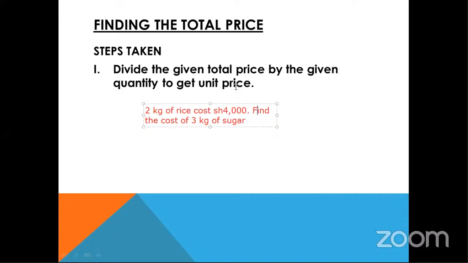I want you to really follow this. We need to first get the cost of 1 kilogram of rice. Then from there, we can go and get the cost of 3 kilograms. So that's point number 1, meaning that we are going to divide 4,000 by 2.